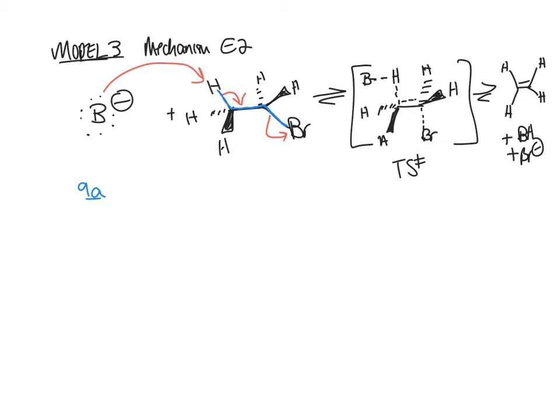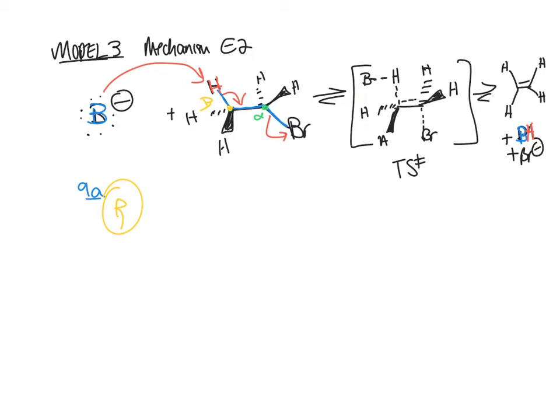The base removes a hydrogen to form BH. There's your base, and it gives the hydrogen. To form BH, what position is the hydrogen relative to the bromine group? So the bromine group is always alpha. That would make this one beta.